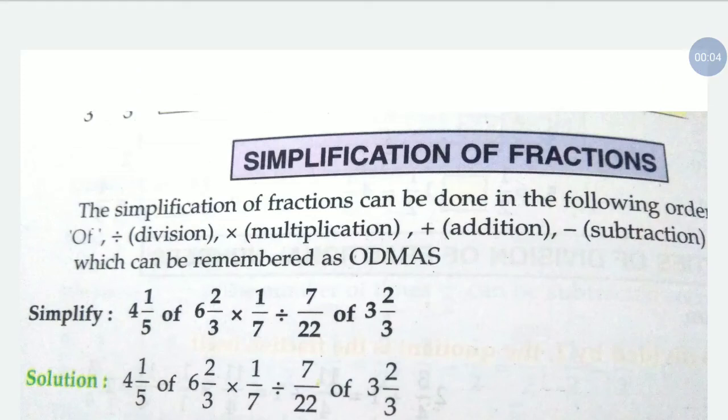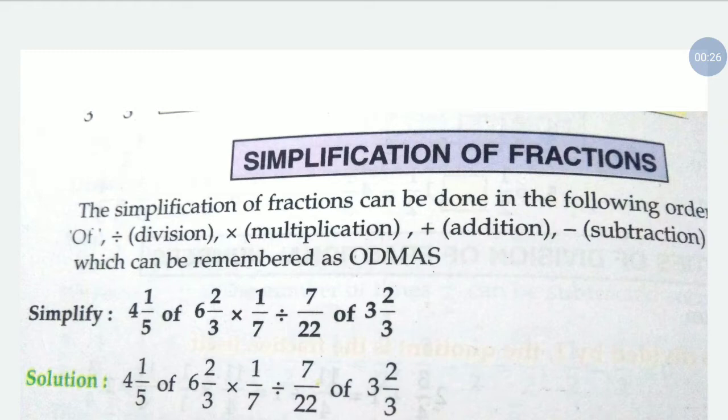As children, there are some rules for simplifying the fraction. If in the same fraction there is division, addition, subtraction, and multiplication, all operations come in one sum, then how do we have to do that?